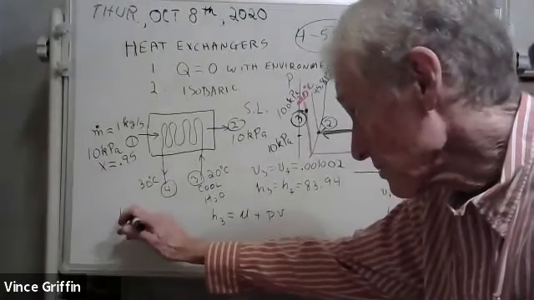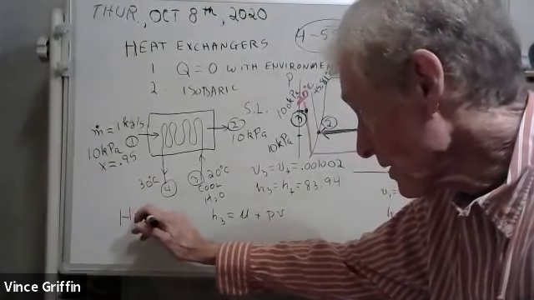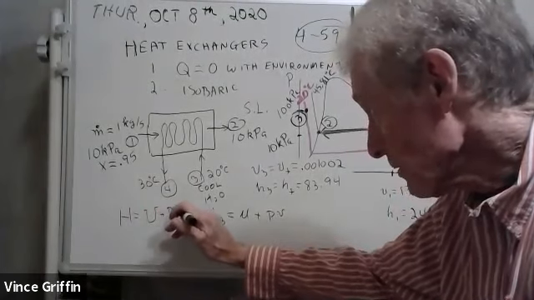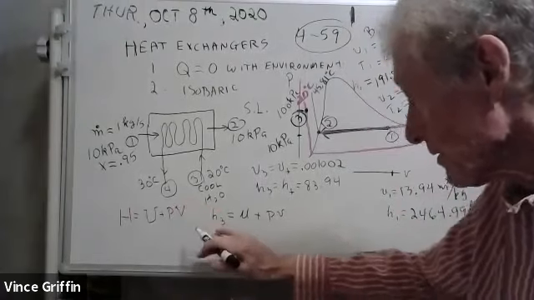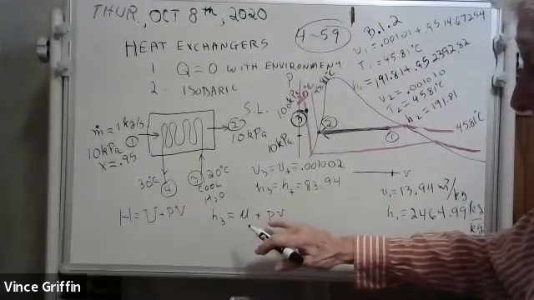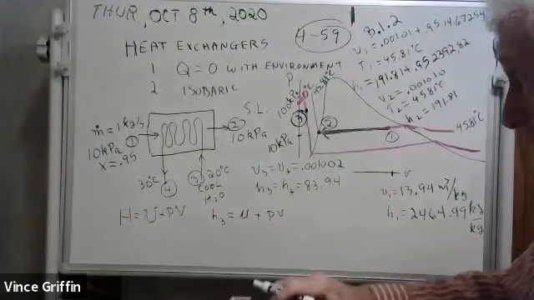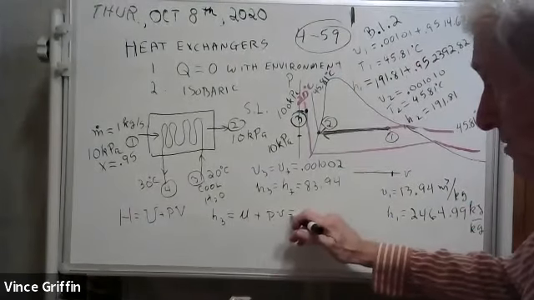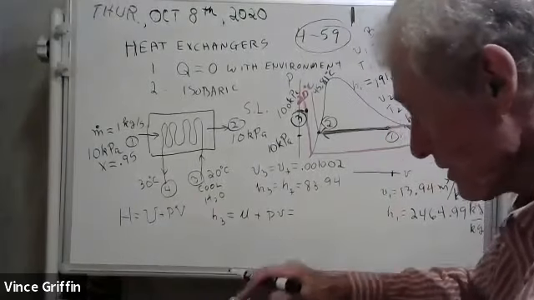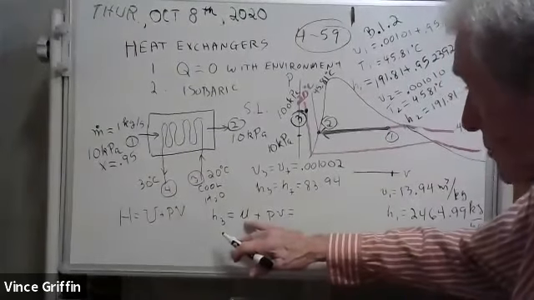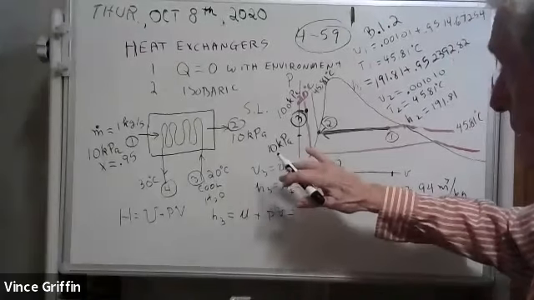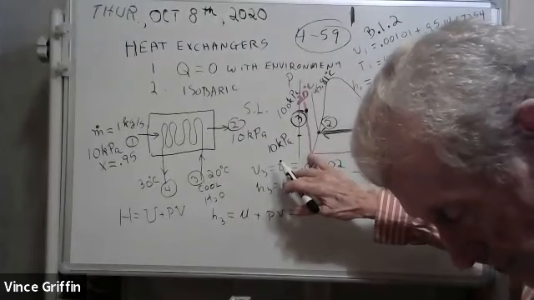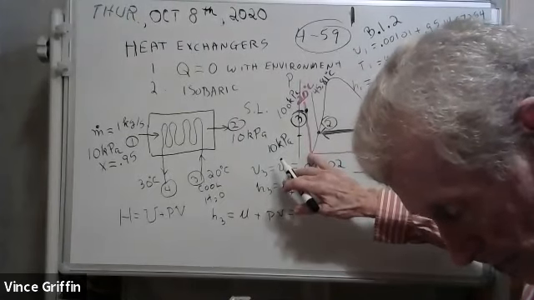See, big H is big U plus P big V. Little h is little u plus P little v. This will be slightly different, but it's hardly worth doing, but I'm going to show it to you anyway. Now the u's are the same. The u will be the u at 20, which is 83.94.